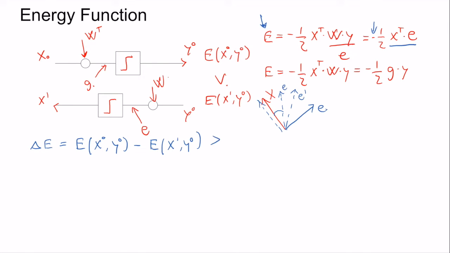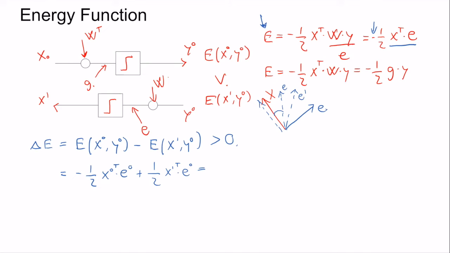So this should be positive. Okay, so this is basically minus 1/2 of x0 transpose times E0 plus 1/2 of x1 transpose times E0, the same excitation because I have the same output y.